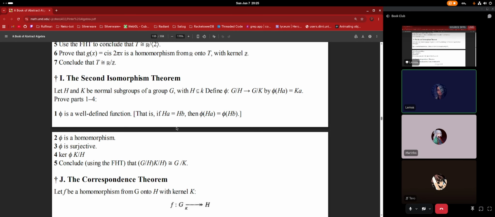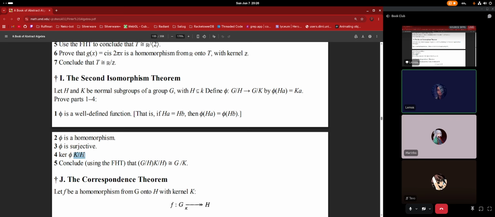So the kernel of phi being K over H, we are essentially talking about the elements that are exclusive to the kernel. That makes sense, right? Because if you are in H, this is going to map you to someone else, which is not identity.